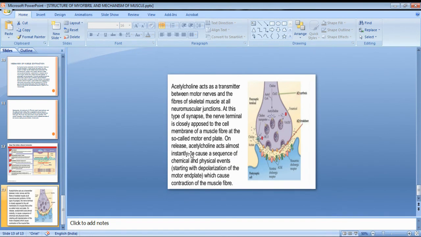On release, acetylcholine acts almost instantly to cause a sequence of chemical and physical events, starting with depolarization of the motor end plate, which causes contraction of muscle fibers.